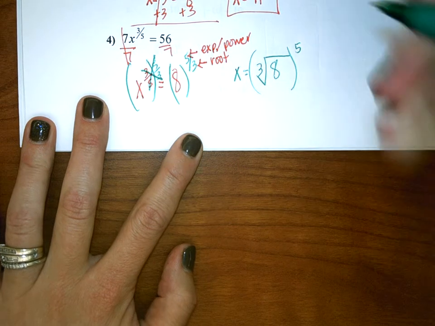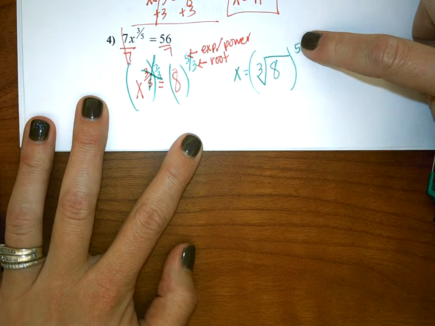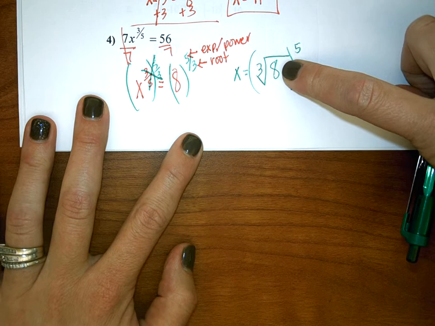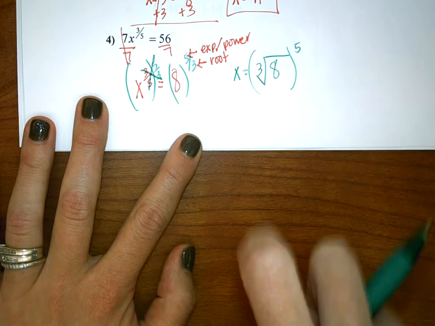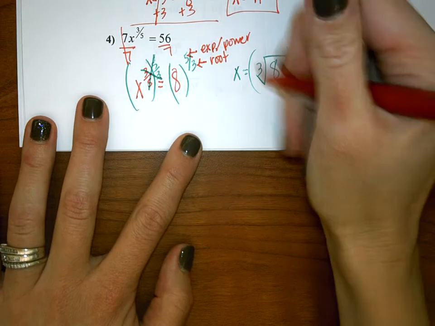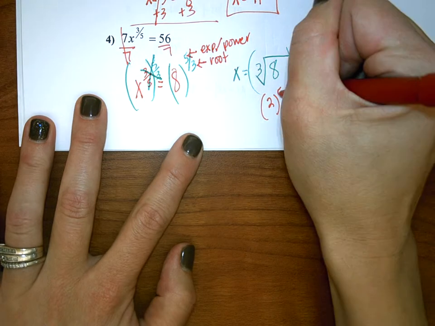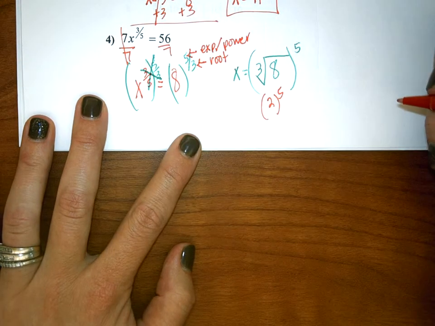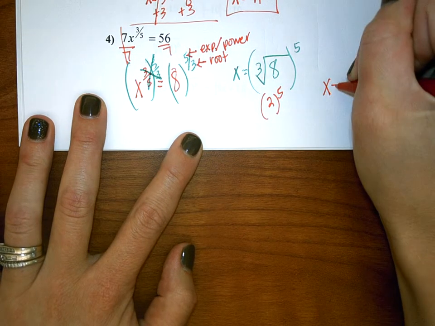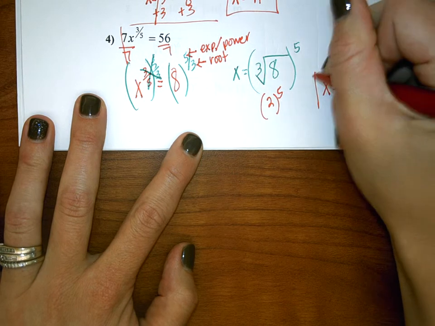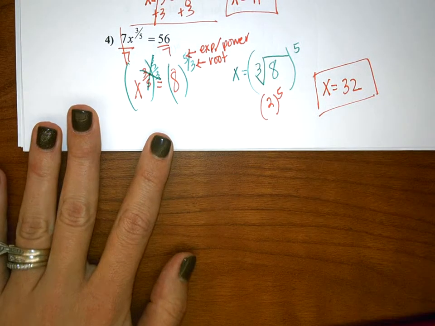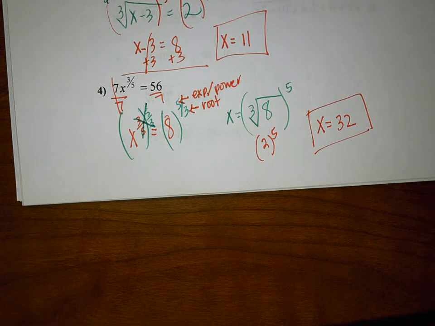And remember, you can have the 5th on the outside like this or on the inside, whatever you like better. That's the answer. Cubed root of 8 is what? 2. And then 2 to the 5th power is what? 32. So my answer is x equals 32. Okay, any questions there? Last page. Okay, moving on.